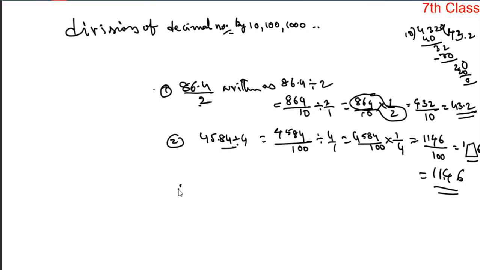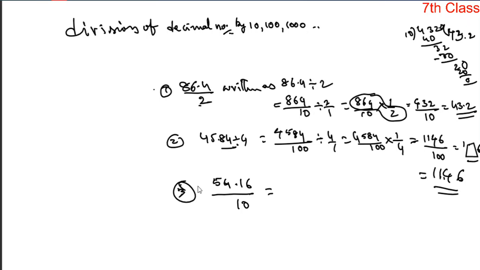For example, take one more number, say 54.16 divided by 10. So to divide this number, what will we do? You just shift the decimal point in the coefficient place to the left as many places as there are zeros over 1. So here you need not write 5416 by 100 into 10. You need not do all these things.